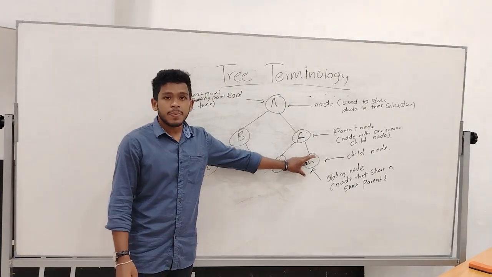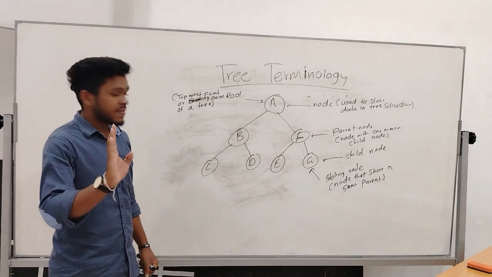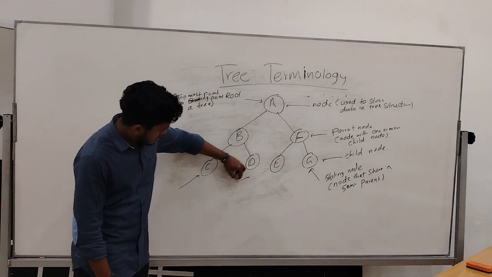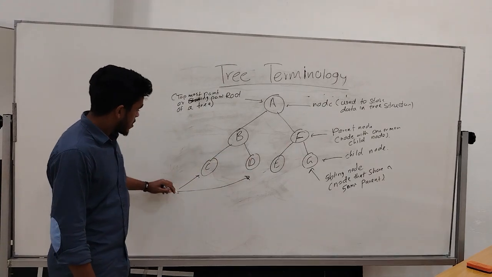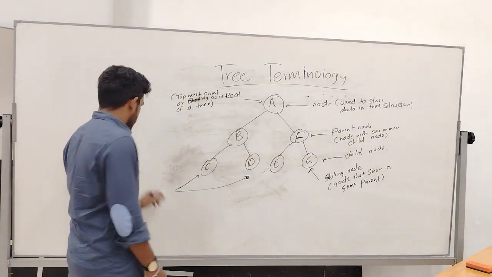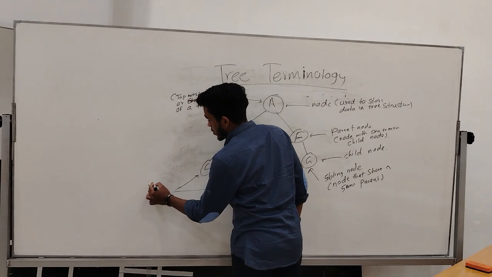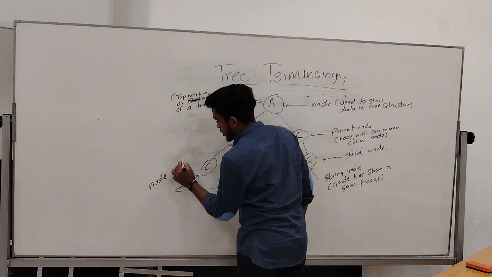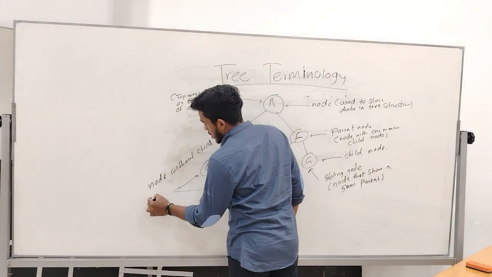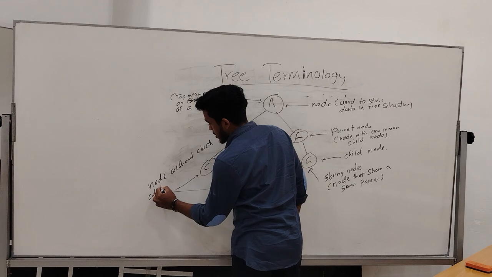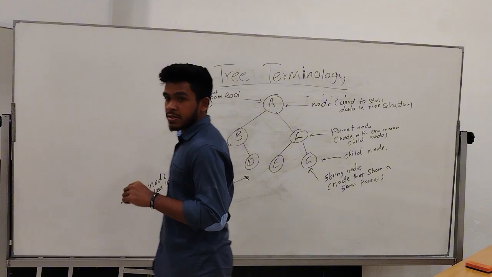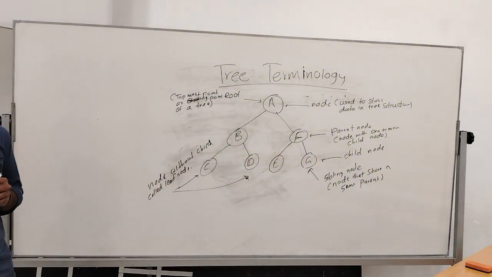Nodes without child nodes are called leaf nodes.